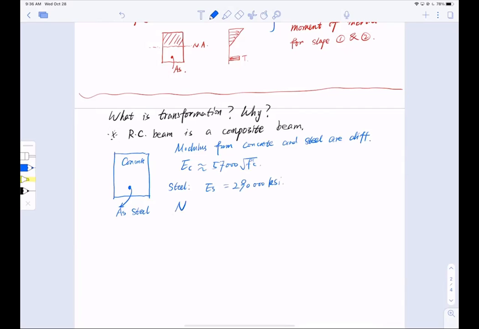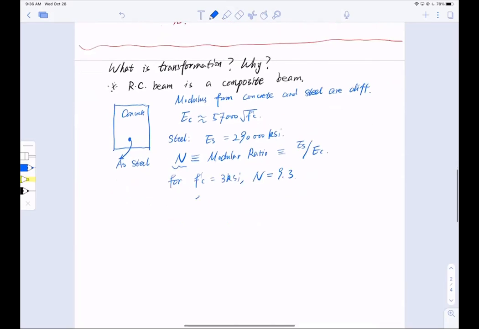If we define N, big capital N, as a modular ratio, the ratio of modulus between these two materials, between steel and concrete, you will find that for concrete strength f'c of, say, 3 ksi, this number is as high as 9.3. Steel is 9 times stiffer than concrete.